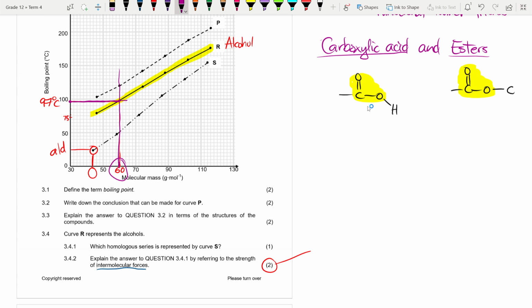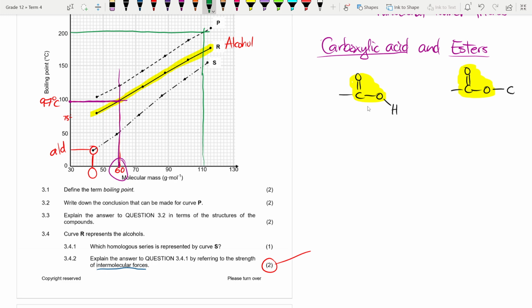So if they were saying maybe what is the molecular mass of curve P that will have a boiling point of 200, then I'll go on 200. I'll draw a line on 200 where it intercepts curve P. Then I'll draw another line that goes straight down.